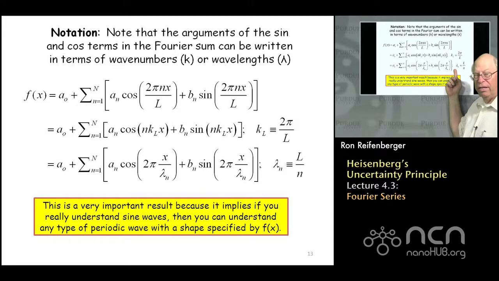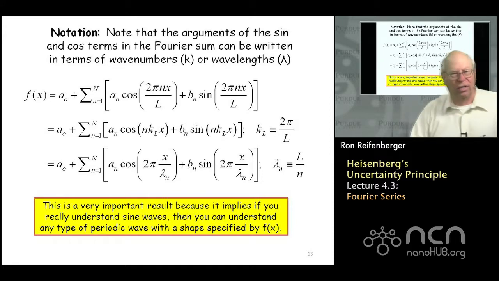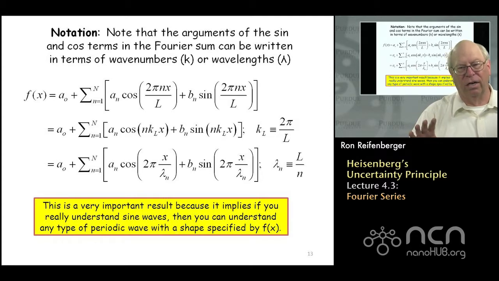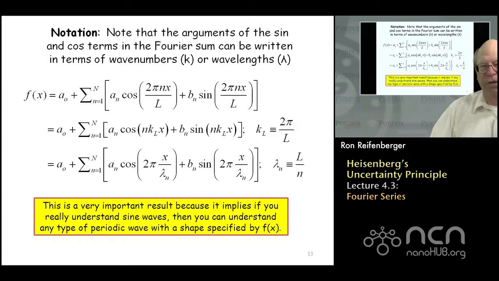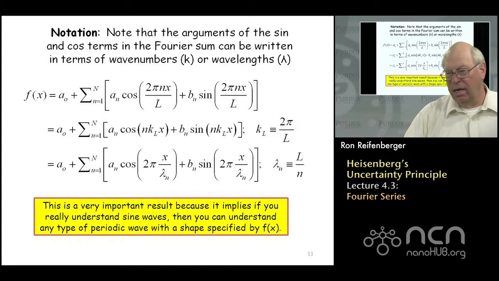And this wavelength L sub n is defined as the repeat distance, capital L, divided by the integer n in the summation. So all three of these things basically accomplish the same function. It's just a question of preference which one you choose for a given application. So you shouldn't be confused about the notation.